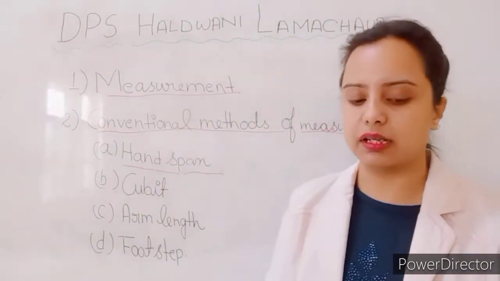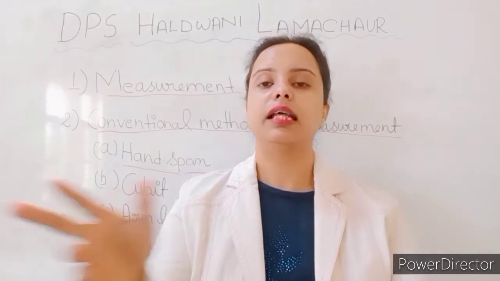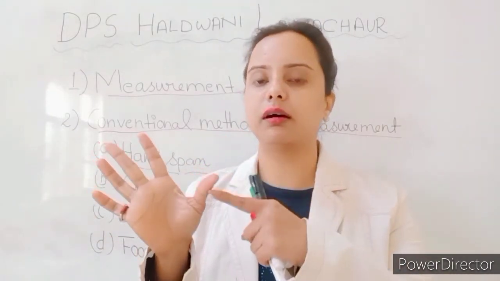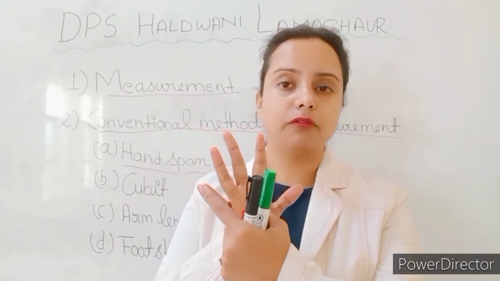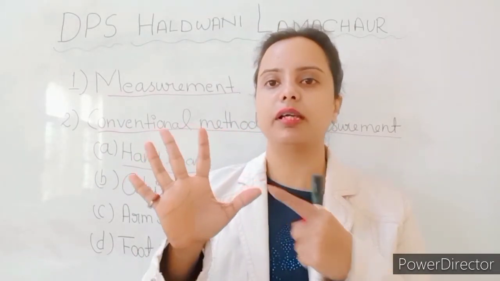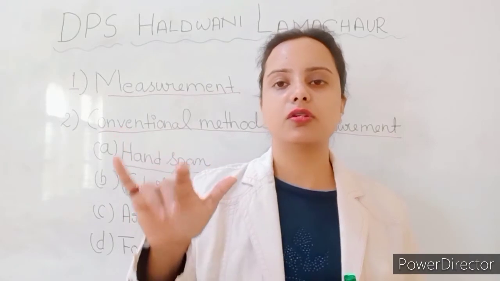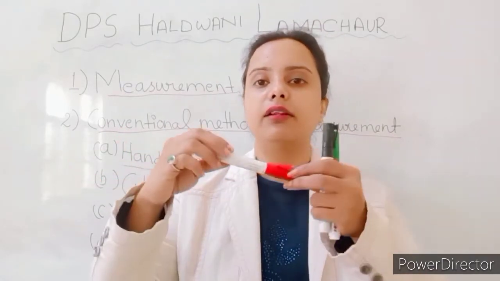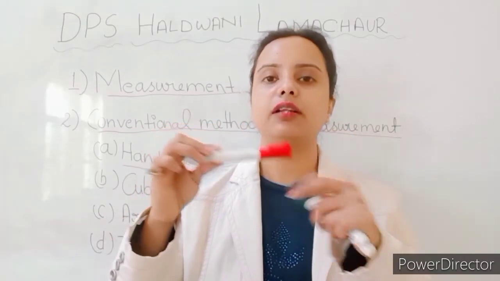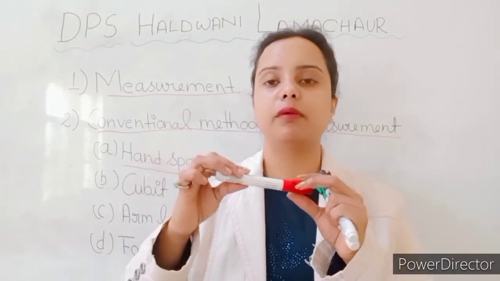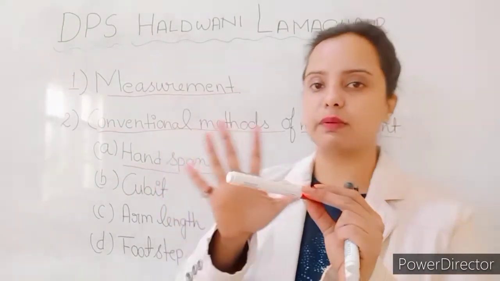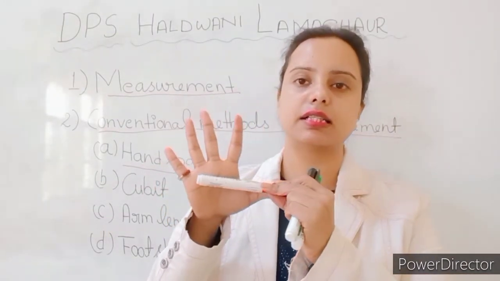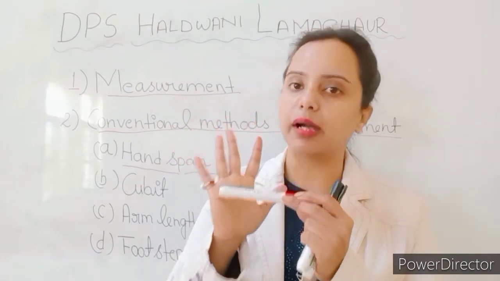What is a hand span? It is the length from the tip of the little finger to the thumb, when the hand is stretched out. For example, if I take the length of this marker with the hand span method, it is a little less than one span according to my hand.